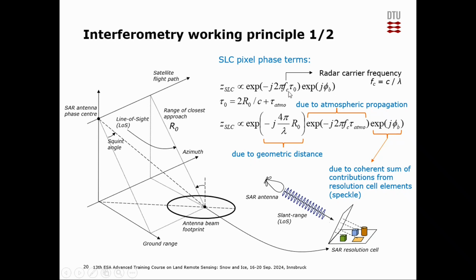The deterministic term contains indeed an information we are keen on, so this distance information, this R0, but unfortunately it also contains other delay information which is not related to distance, atmospheric propagation delay, because we are from a satellite at 600-800 kilometers, we traverse the whole atmosphere.